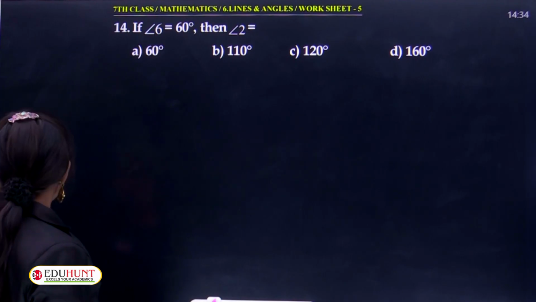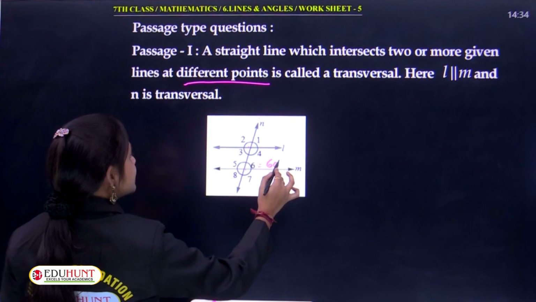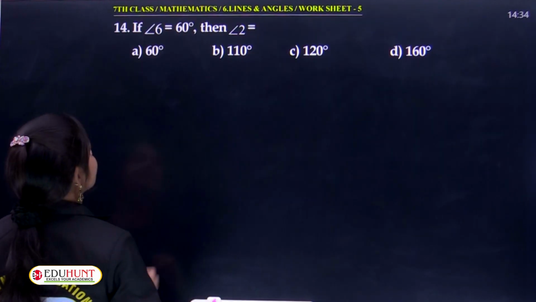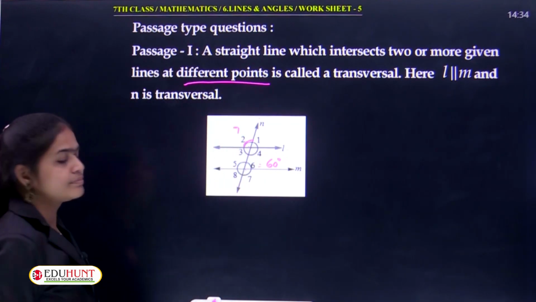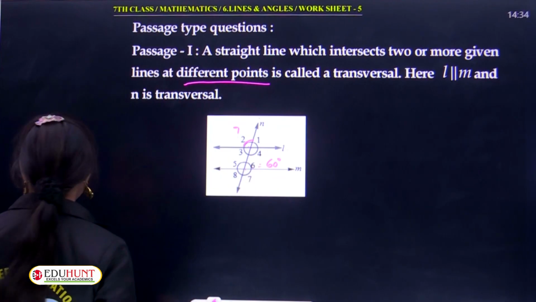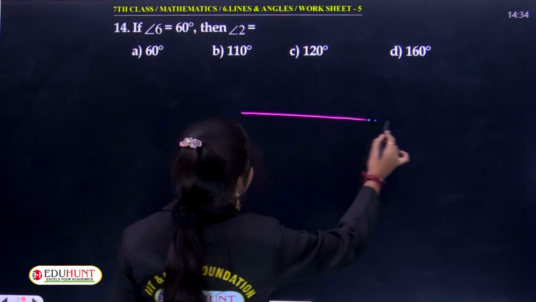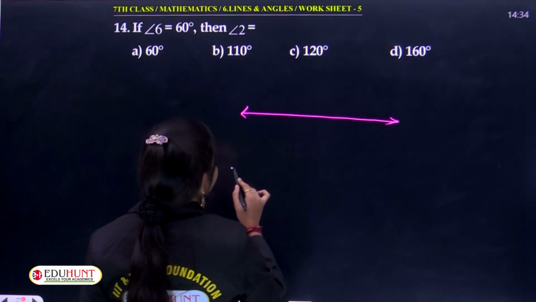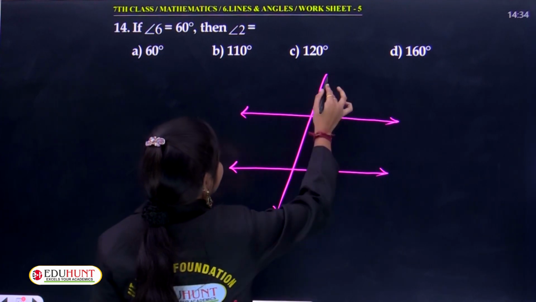Angle 6 is equal to 60 degrees. Now they are asking for angle 2. What is given? Angle 6 is equal to 60. I will draw the same diagram here.